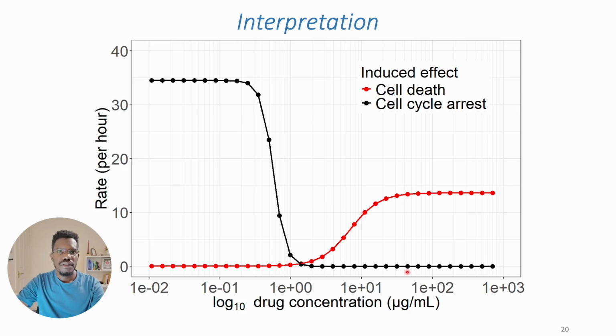As the concentration increases, cell death becomes progressively more prominent, eventually reaching a maximum of about 14 per hour units. It is important to note that the predicted concentration ranges associated with the cell cycle arrest, which is an adaptive response, and cell death are clearly separated. This suggests that these two are distinct biological mechanisms.